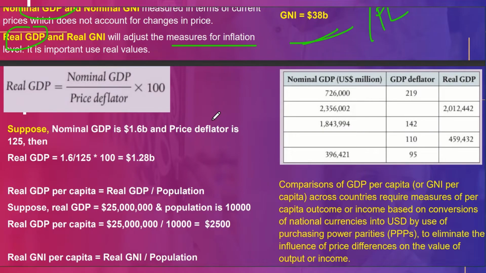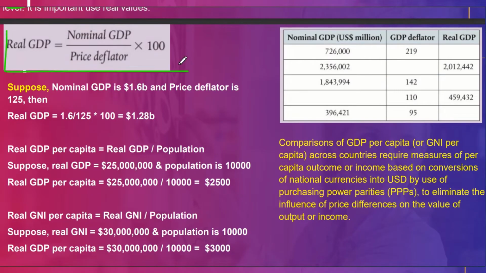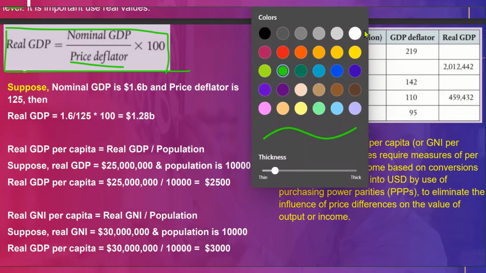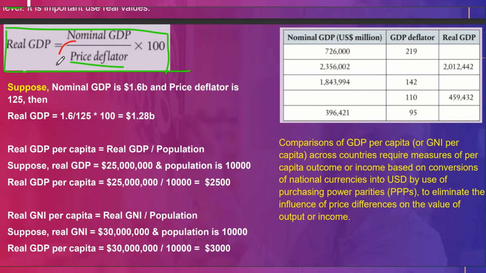Okay, and please remember this formula: real GDP equals nominal GDP divided by price deflator into 100. If anything is given, you can easily calculate the rest. Sometimes they might mention GDP deflator or price deflator, both are the same. They will give nominal GDP data and a GDP deflator or price deflator, and ask us to calculate real GDP.